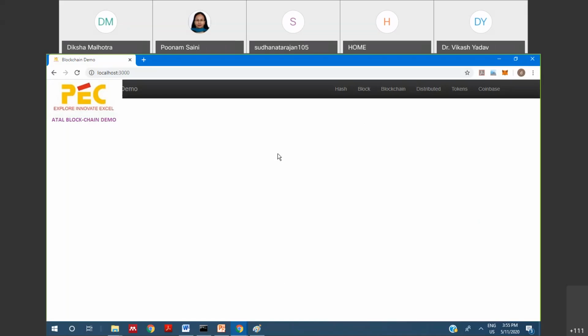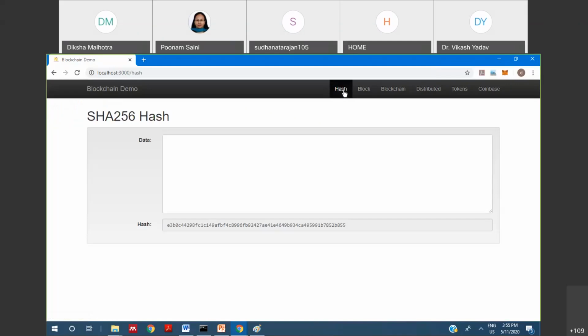So before looking at what is actually a block or a blockchain, let's understand what is a hash. As ma'am has already told, hash is basically the heart of any cryptographic concept. Hash is a mathematical function which converts an input of arbitrary length into an output of fixed length.